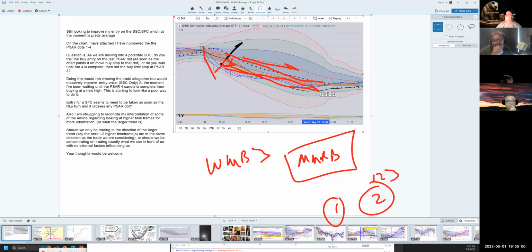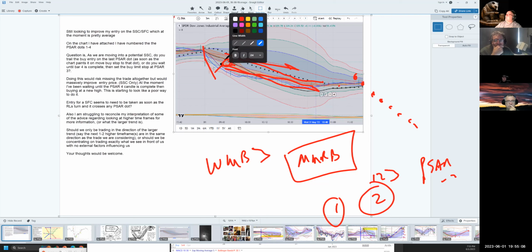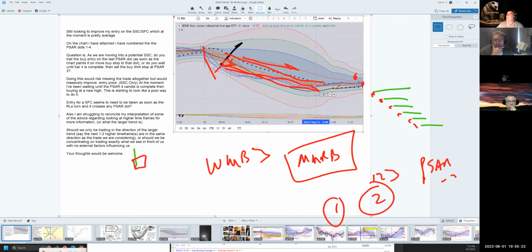The PSAR -2 is the one where, as this thing keeps marching down, you're drawing these trailing entries. It's the same way that if price was going down like that, and you said, well, here's my MMRB entry off that, if that was really the low, then my entry is here.